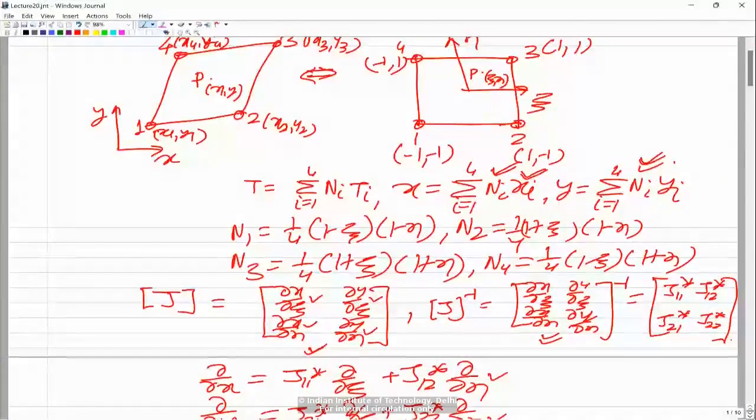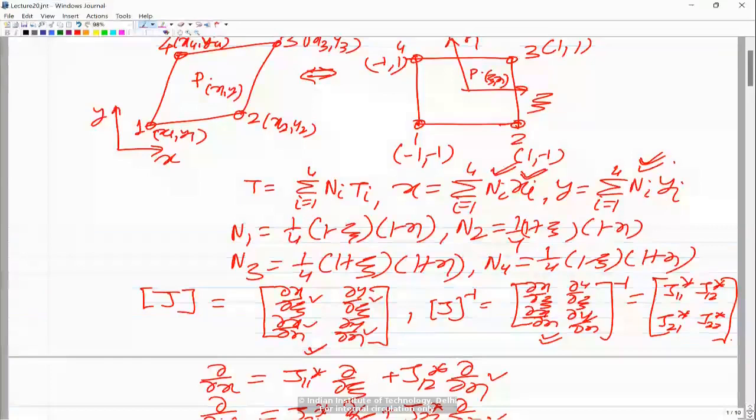If you are given x and y, then by solving these equations you should be able to find xi and eta. For a simple rectangular element in physical coordinate space, the relationship is straightforward, it's linear. But if the element is an arbitrary quadrilateral in the physical coordinate space, then you have to solve nonlinear equations to find xi and eta.